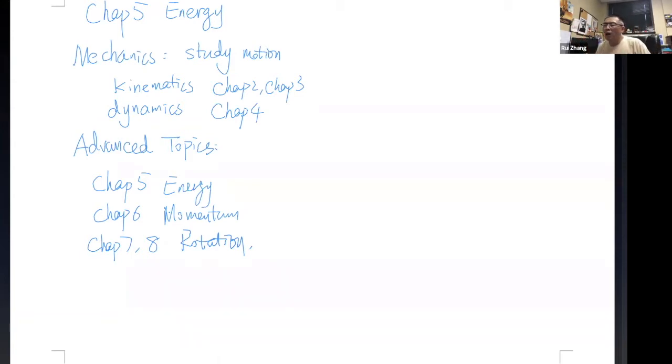Even though in principle we have the same number of hours in lecture, we might go a little bit lighter because otherwise it's too much. So I think we'll do a pretty thorough discussion of energy for chapter 5, but for chapter 6, momentum, we might just briefly mention it. We might ignore a lot of stuff in momentum in this chapter. Well, for chapter 7 and 8, I guess we'll pick up some topics for rotation that are fundamental for us.